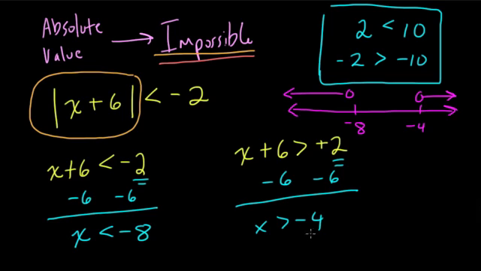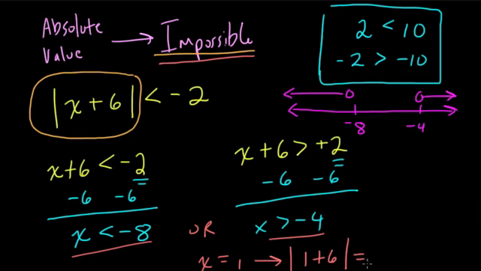So let's pick a number that falls within these ranges, where x is something less than negative 8, or x is something greater than negative 4. I'm going to pick something simple, something greater than negative 4. I'm going to say x equals 1. Well, when we plug this in, what do we get? The absolute value of 1 plus 6 equals the absolute value of 7, which is equal to 7.